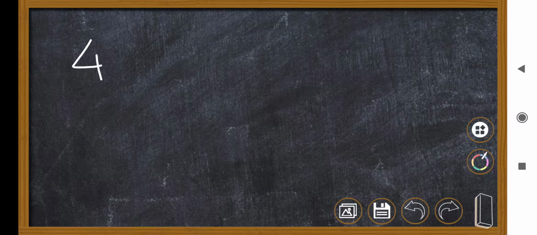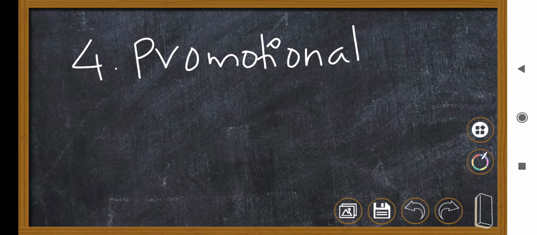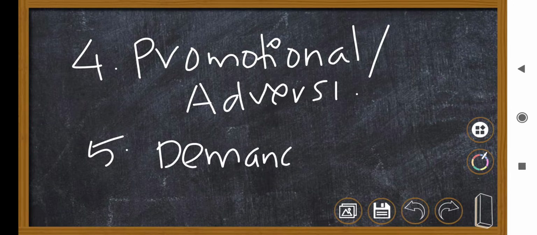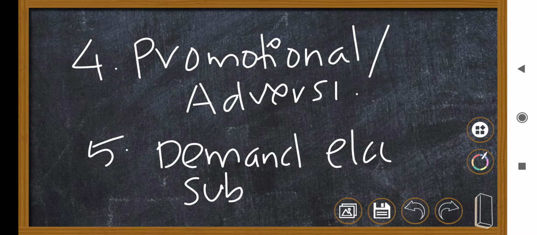Fourth, promotional elasticity of demand, otherwise called advertisement elasticity of demand. The last one, demand elasticity of substitution. So these are the major kinds of elasticity of demand.